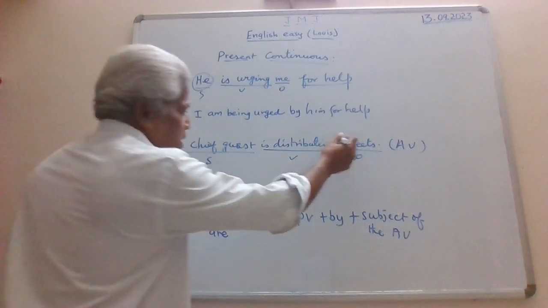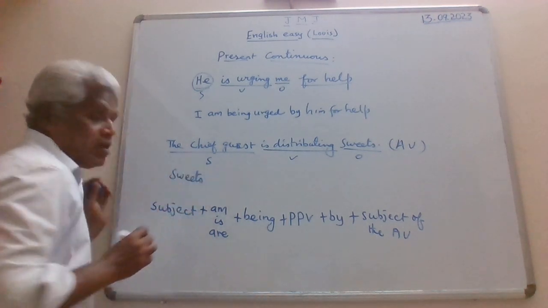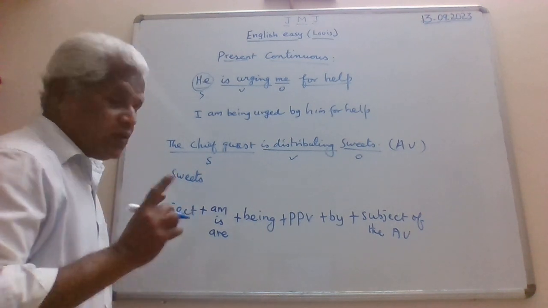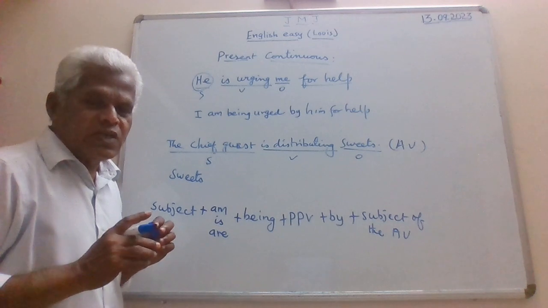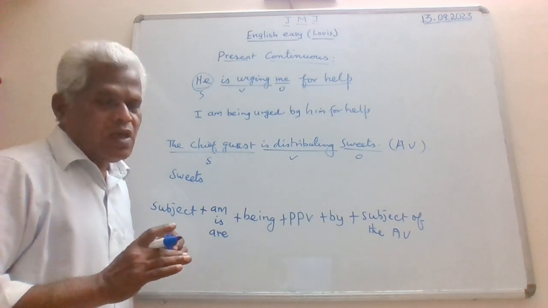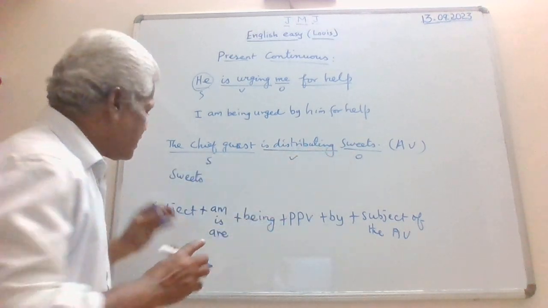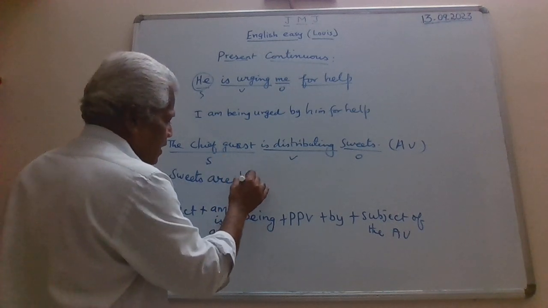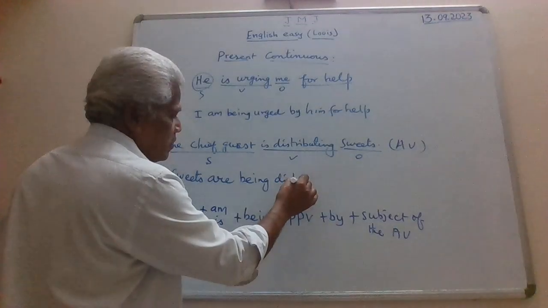See now, sweets. Sweets is plural. When you say sweets, sometimes you can take that as a singular noun and use a singular verb. But here, let's take it as plural. So sweets are being distributed.